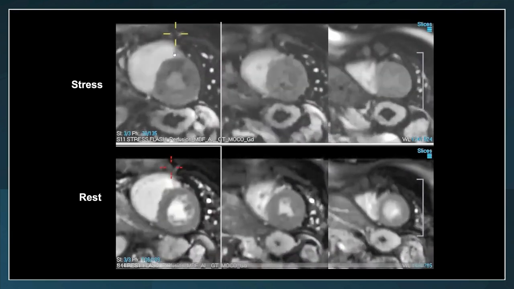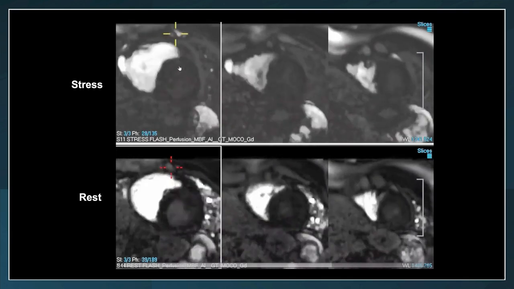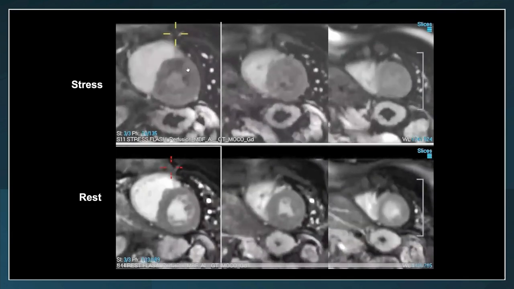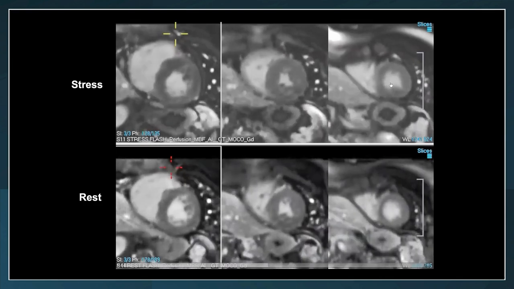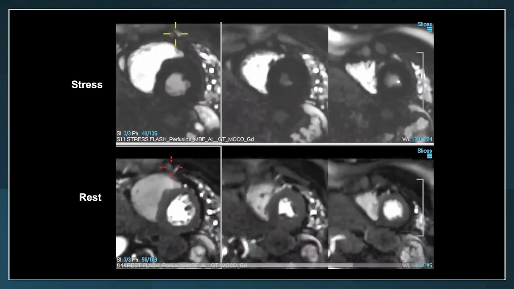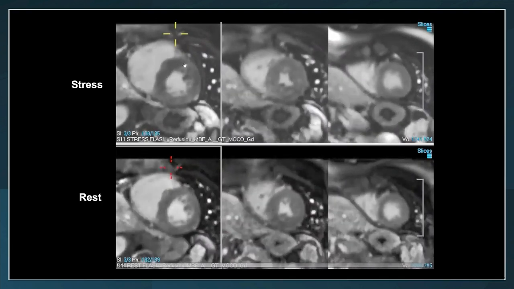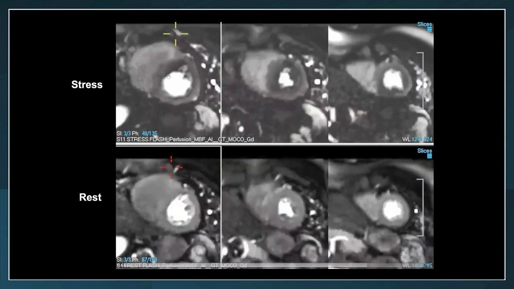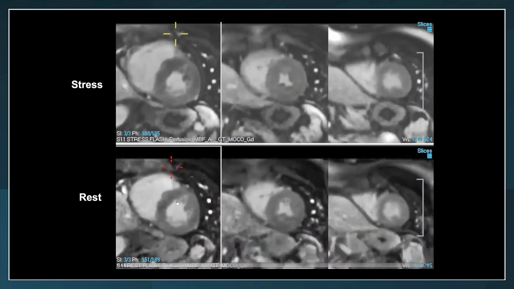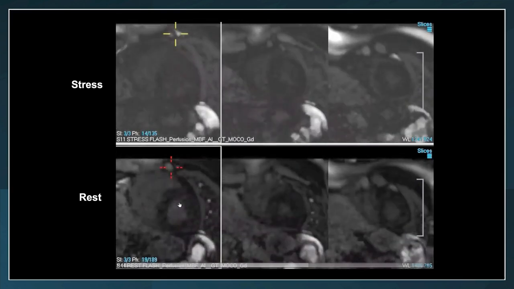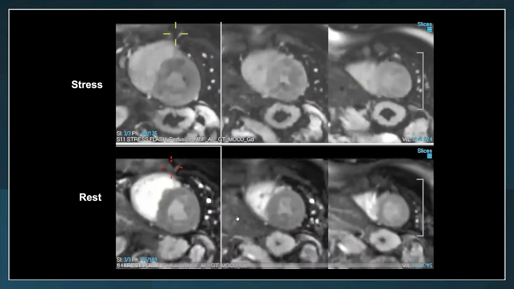You can see a perfusion defect during stress involving the anteroseptal wall at the base, the anterior wall in the mid, and also the septum, most easily noted at the basal and mid level. These perfusion defects are by and large not present at rest, suggesting a reversible perfusion defect.